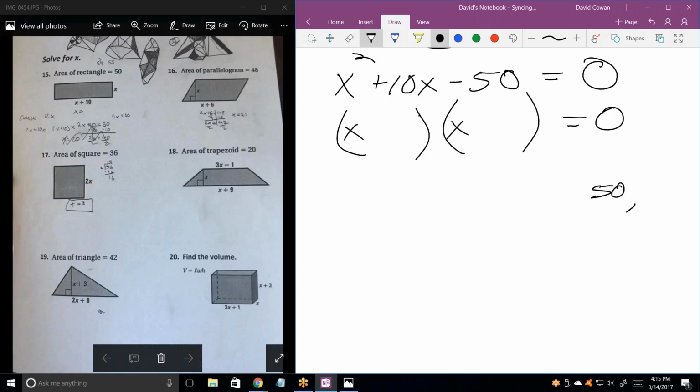Well, subtract to get 10. In other words, because of that negative sign, my signs have to be opposite. Now I'm looking for factors of 50 that subtract, because of that negative sign, to the number 10. Well, so far I haven't found any.